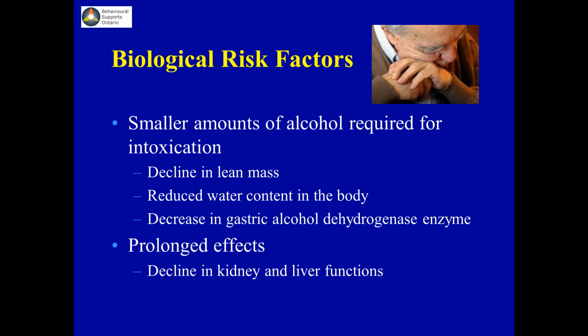And we know that because there's a decline in lean mass, a reduced water content in the body, and a decrease in gastric alcohol dehydrogenase enzyme, which means that when an older adult drinks the same amount of alcohol as a younger adult, because of the body chemistry and the reduction in water content, there's a higher concentration in that older person's body of alcohol than in the younger body.